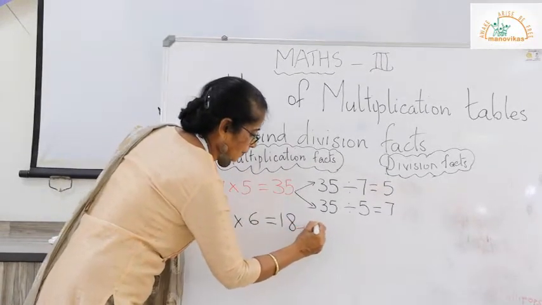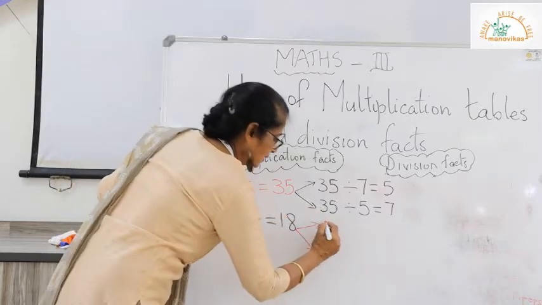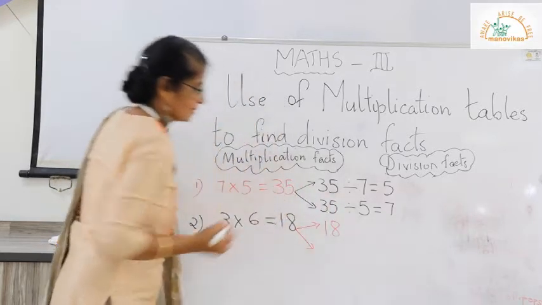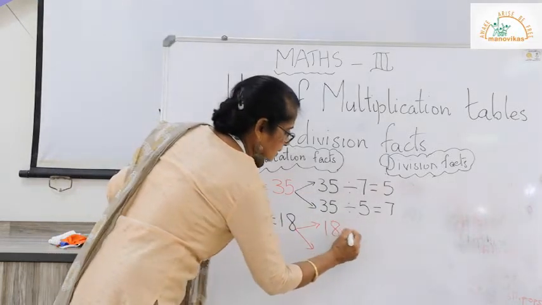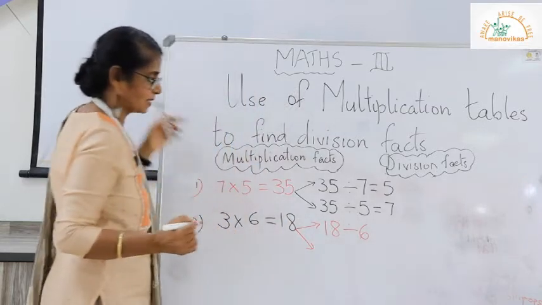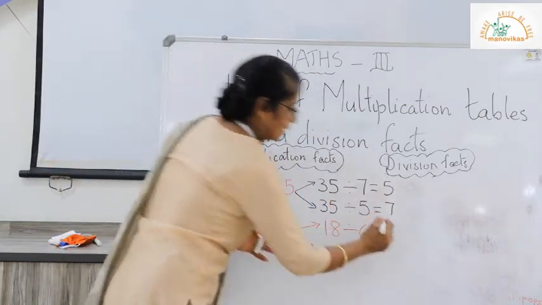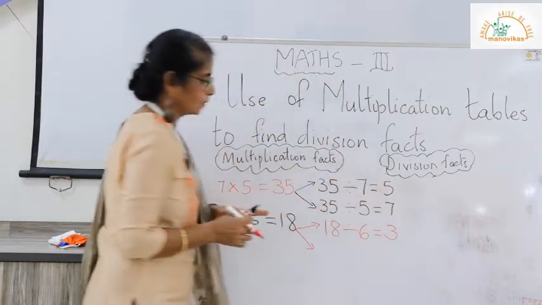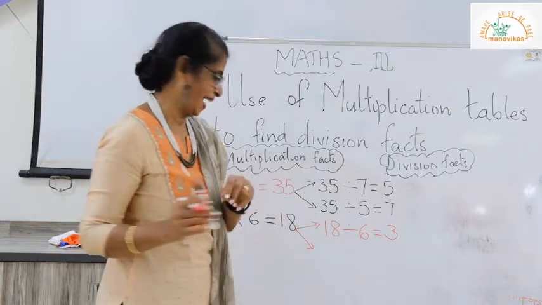For the first division fact, we write 18 as the dividend. We take the number 6 as the divisor, and the quotient here is 3, because 6 threes are 18.